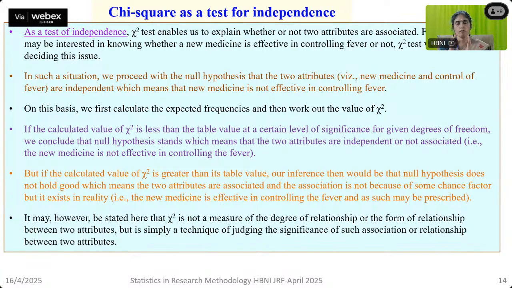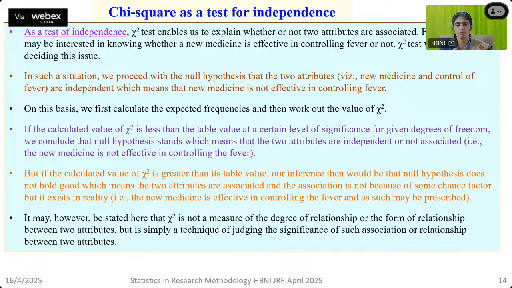If you plot the amount of that particular ingredient in the medicine and the chances of getting control over fever as two distributions, two observation data sets, and compare them, if they overlap and have comparable properties, then we say that they have some mutual dependence.